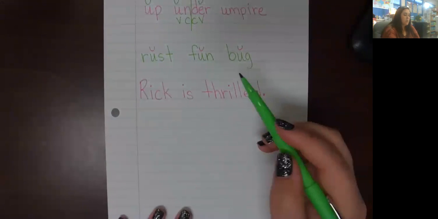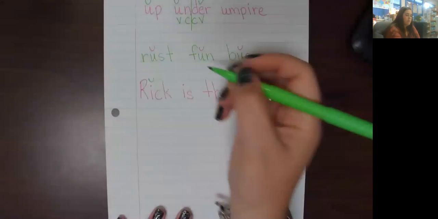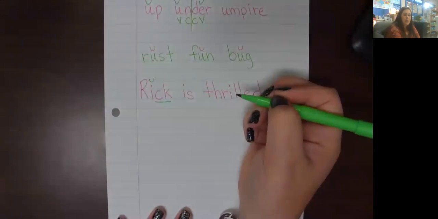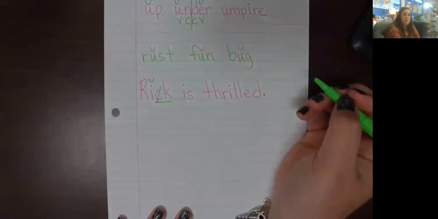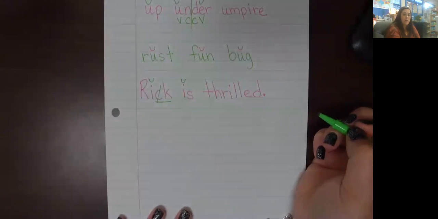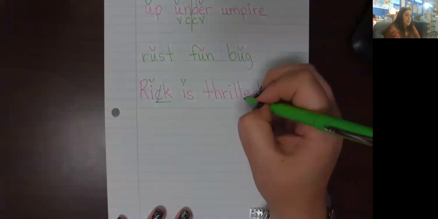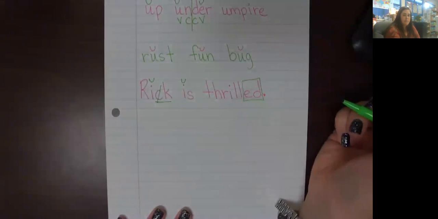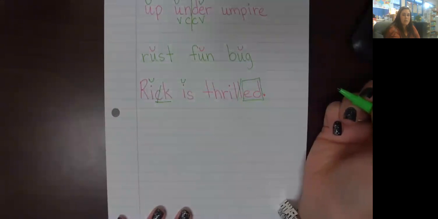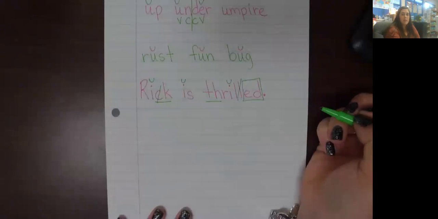All right, let's look at the first word. I see a vowel I, it's followed by a consonant, so it gets a breve. Then I see digraph CK, we underline it and cross out the C. Okay, the next word, the I gets a breve. And the next one, I see suffix ED. We have twin consonants. The I gets a breve and digraph TH is underlined.